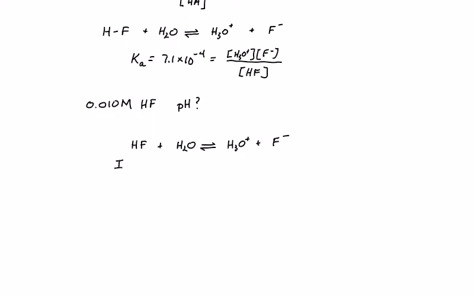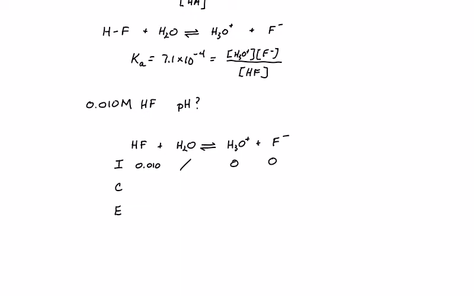So we have our initial concentrations, what we expect to be the change in concentration, and then we have the equilibrium concentrations. Okay, so the concentration of HF initially is 0.010. We're not going to worry about water. And initially there is no hydronium. Let's just put zeros. There's 0 hydronium and 0 fluoride.